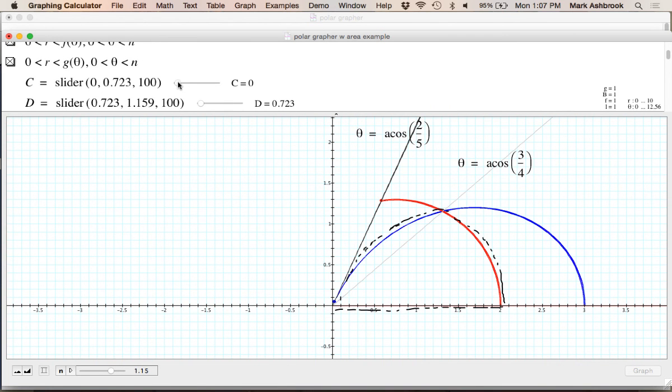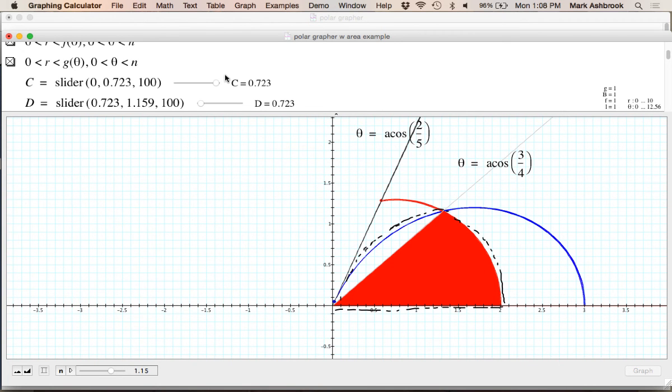So what was the red curve? Was that the cosine plus 1? So we're really going to start with cosine plus 1 as we go from 0 to what? Arc cosine of 3/4, right? So that will be part of it.